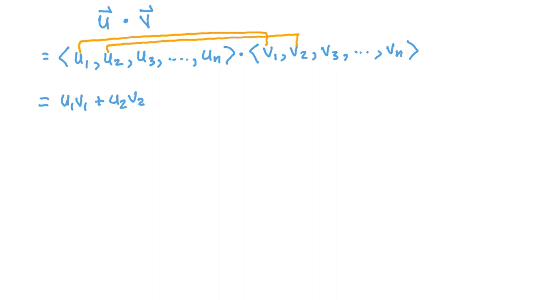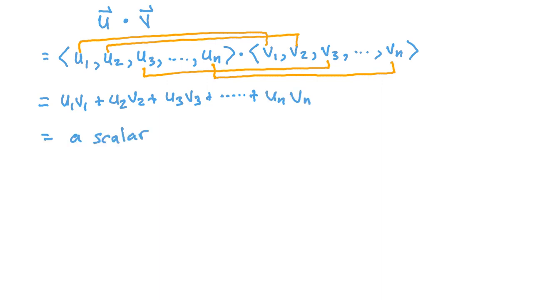Then we're going to add u3 times v3, and all of the others, u4 v4, u5 v5, and so on, all the way up to un times vn. And so we're just multiplying a number by a number, a number by a number, a number by a number, and so on, and adding them all together. The answer we're going to get is just a real number, or a scalar. So that's the process, expanded up to n dimensions, as many dimensions as we like.